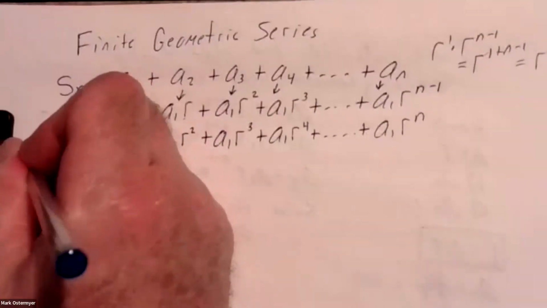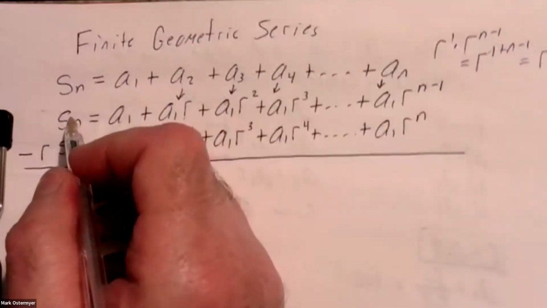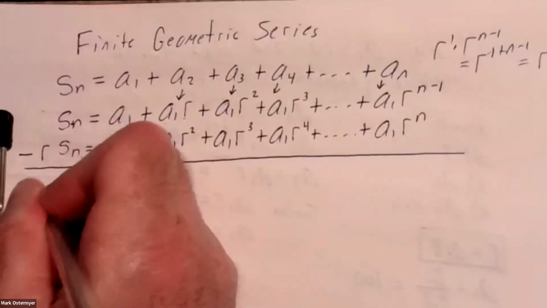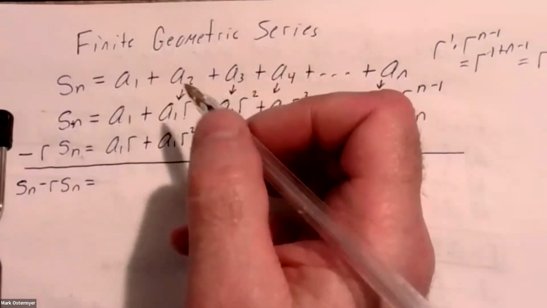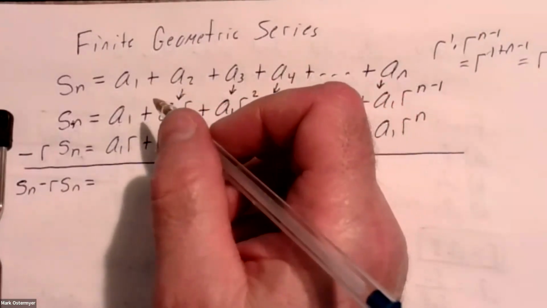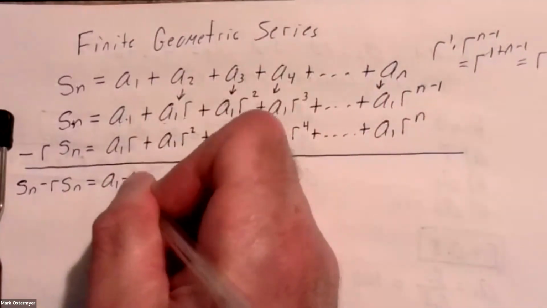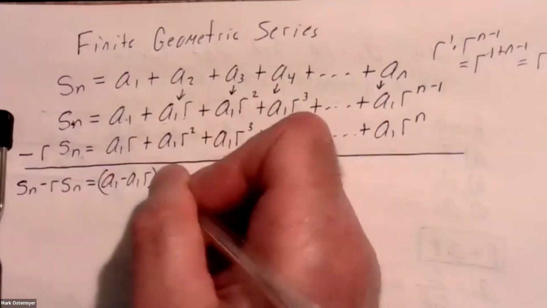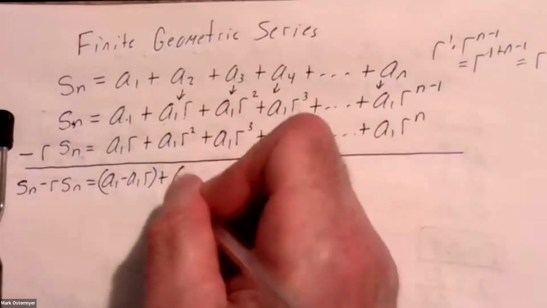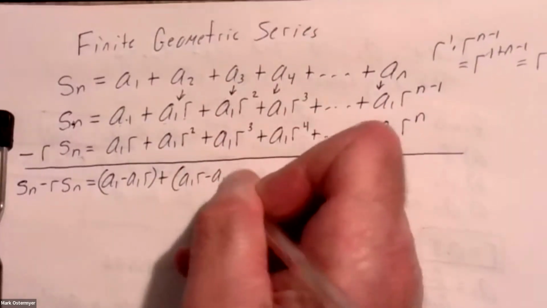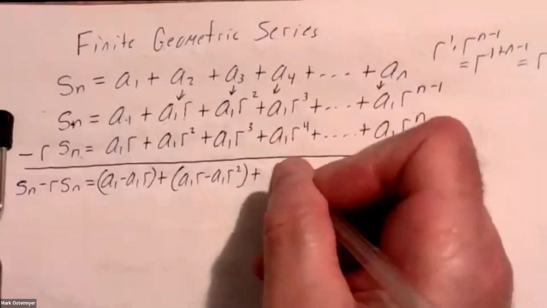All right, now I'm going to subtract off the second equation from the one above. So I'm going to have s sub n minus r times s sub n. And I'm going to have this minus this. And then I'll have this minus this term. And I'll have this minus this.